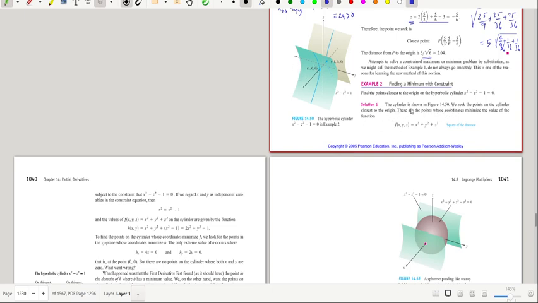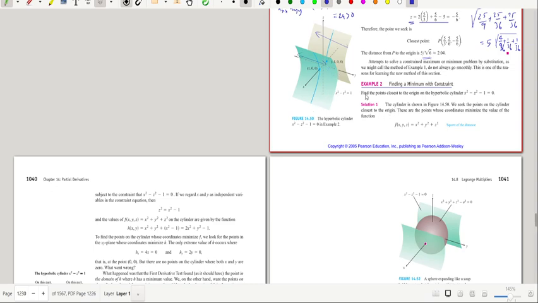It can be easily identified using this argument: x square minus y square is equal to 1. That is this hyperbola, and that is the cylinder corresponding to that. When you extend this blue hyperbola along this way and this along this way, you get this cylinder. This is what we call the hyperbolic cylinder.